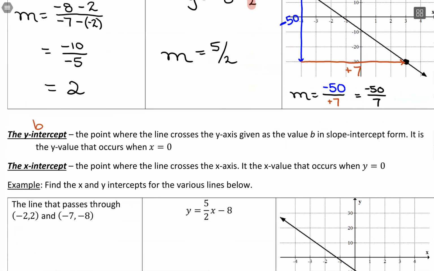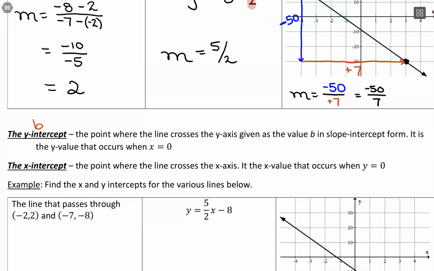Alright, intercepts. So the y-intercept shows up in our equation of the line, if we're in slope-intercept form, and it's the value where we're crossing the y-axis. So it's a coordinate, we're getting out this coordinate that's 0, and then this value for b.